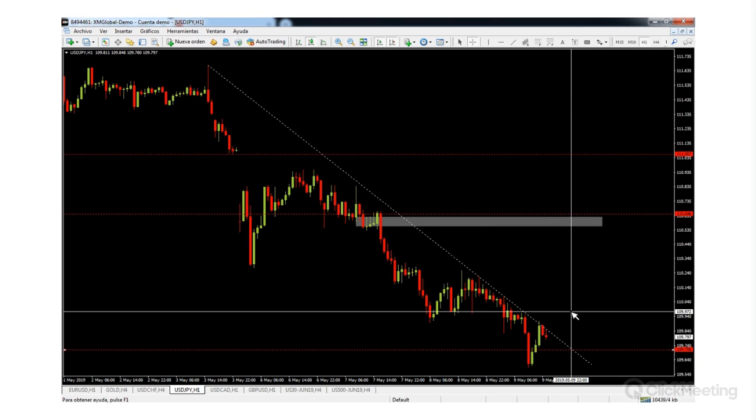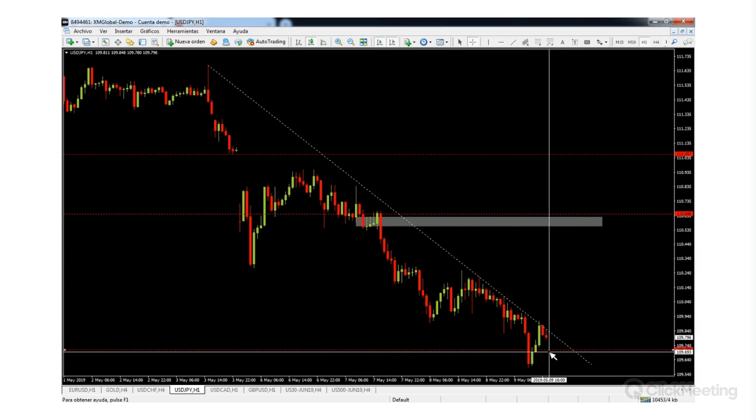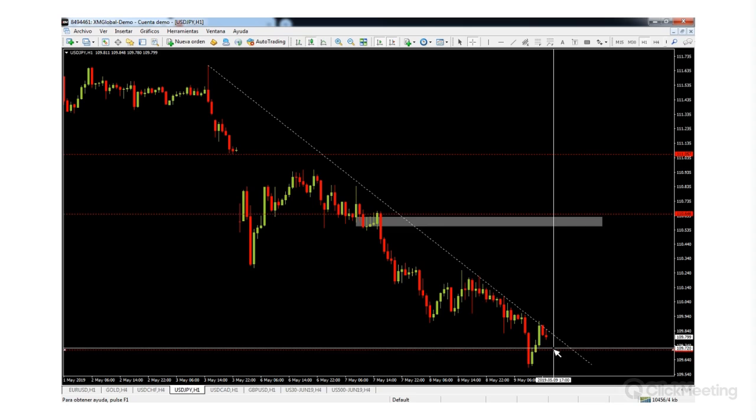That's why I don't buy at support or resistance levels. Yes, you might argue that buying right here at the 109.69 or 109.70 level gives you a better risk to reward scenario and the opportunity to trade bigger lots.